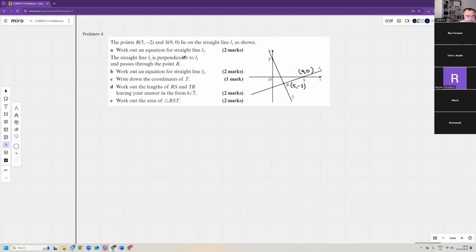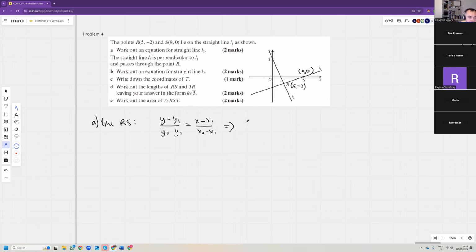Work out an equation for straight line L1. Okay, so you have 2 points, so straight line, easy. So for line RS: y minus y1 over y2 minus y1 equals x minus x1 over x2 minus x1.